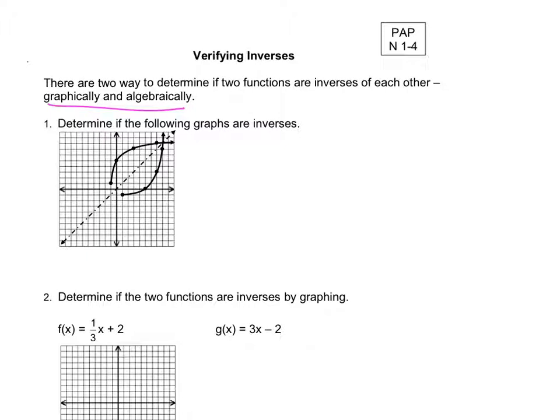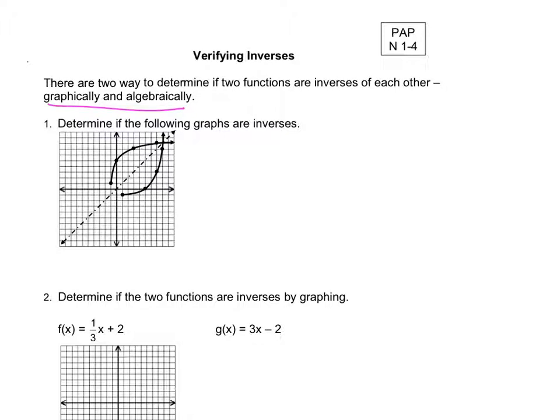If you look at number 1, we're given a graph, we're given two different lines, or in this case, rays, and we're determining if they're inverses or not. Remember, if you have a graph and you want to find the inverse, you're just flipping the points. So that's one way of determining if these two are inverses of each other.